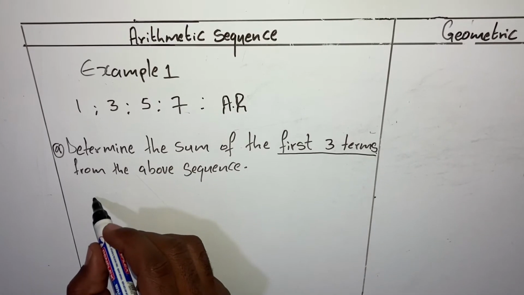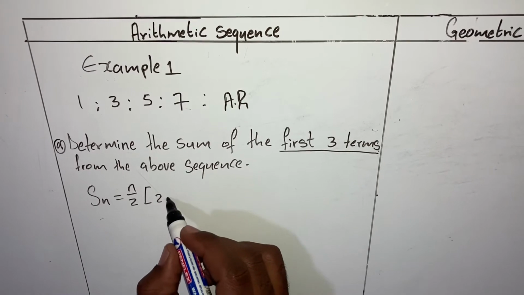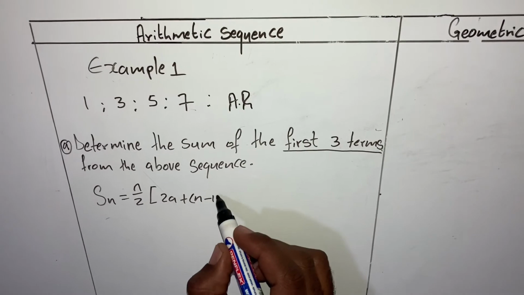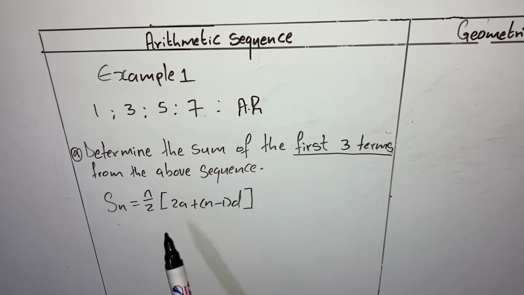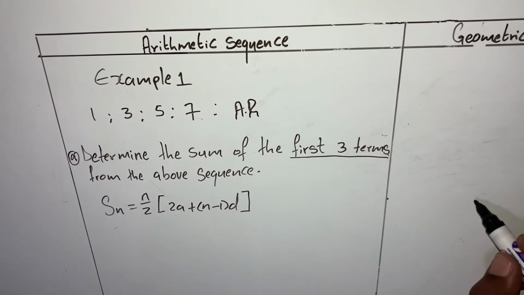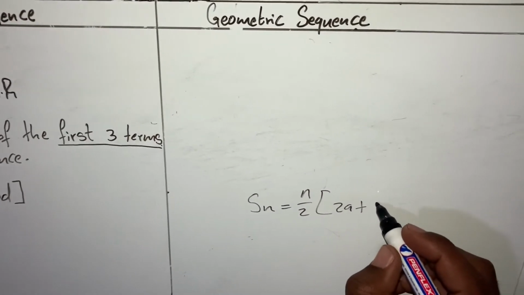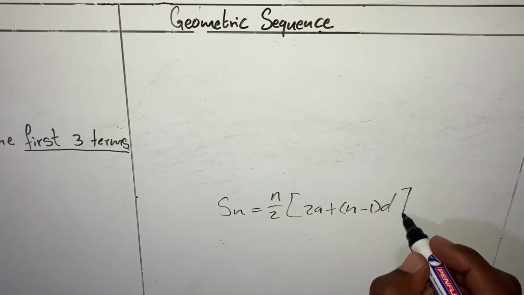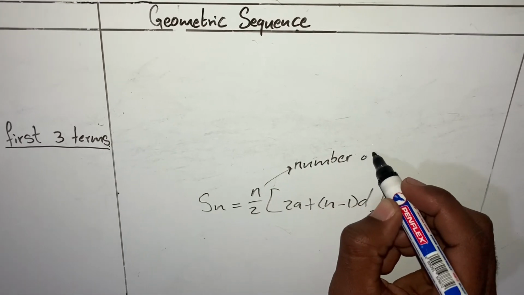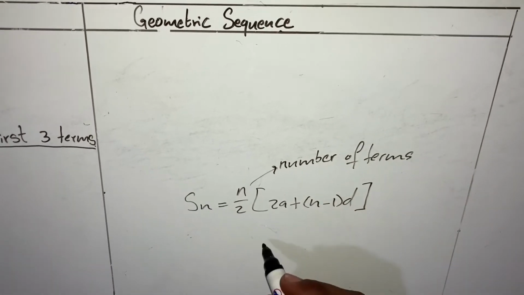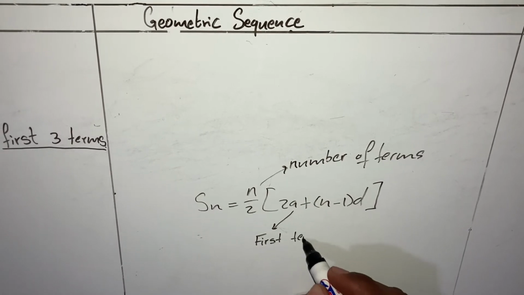Since it's an arithmetic sequence, we'll go for the arithmetic sum formula, which is Sn equals n over 2 times (2a plus (n minus 1)d), where n is the number of terms, and a is still our first term of the sequence.